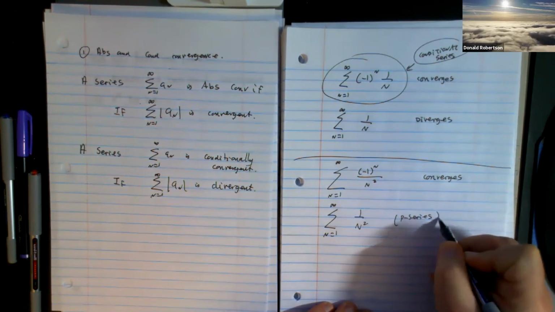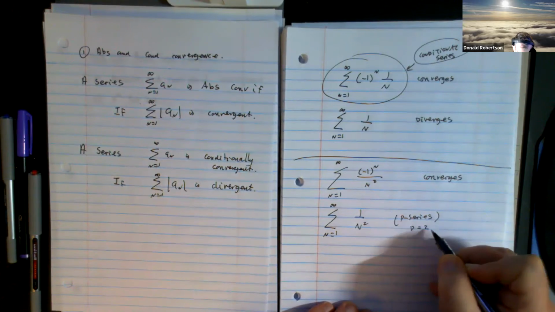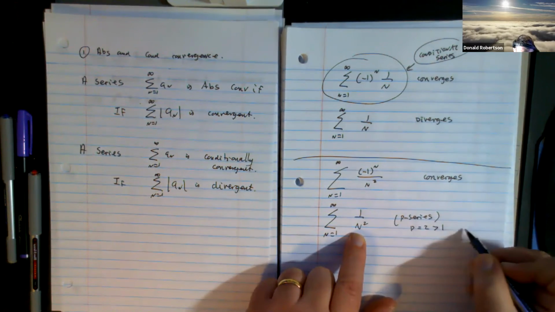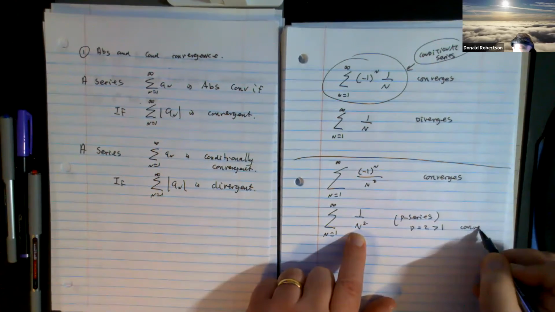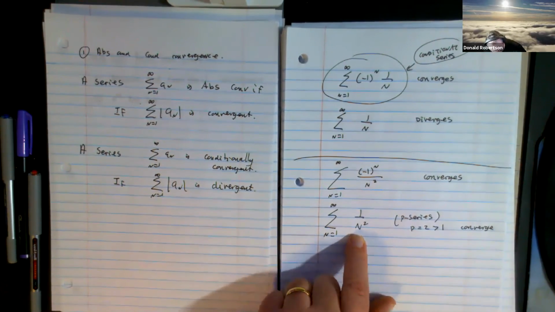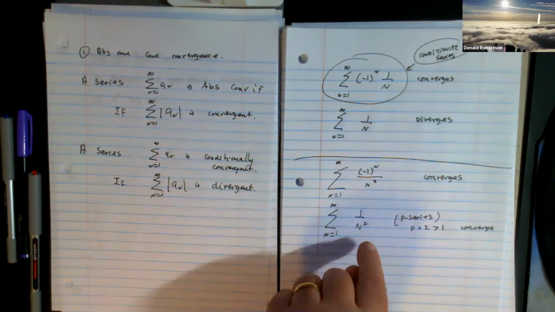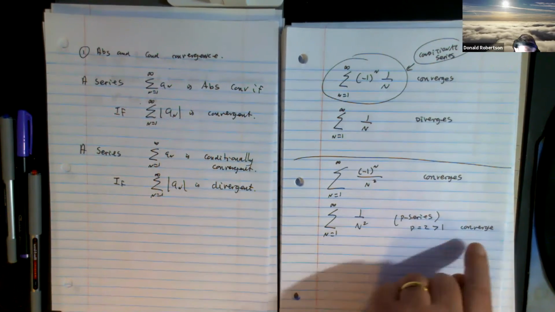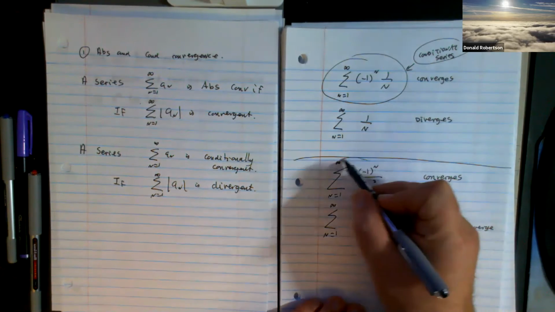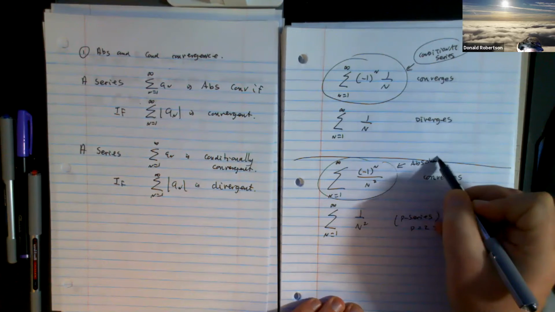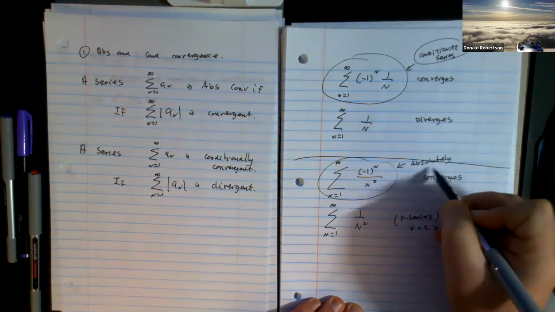Now, in this case, the P value is 2. And because it's greater than 1, that makes it converge. So that series, the original, converges. When you make everybody positive, it still converges. When that happens, the original is called absolutely convergent.